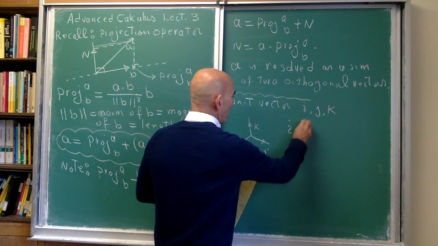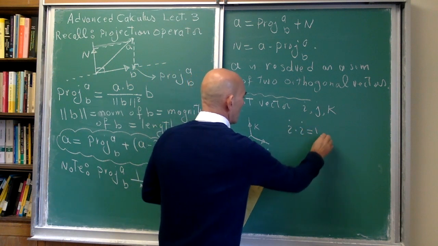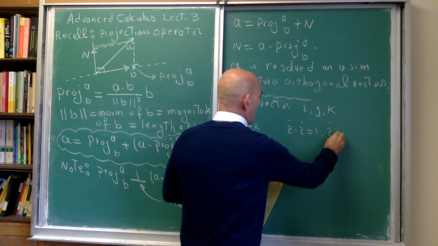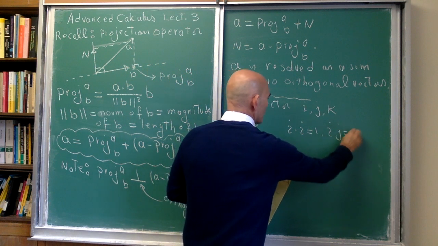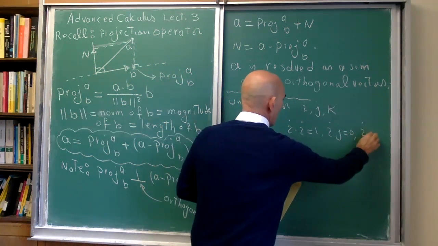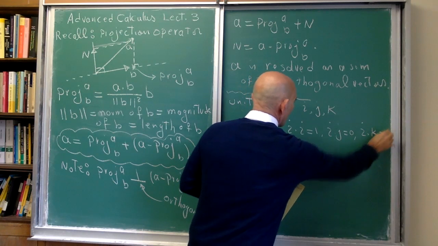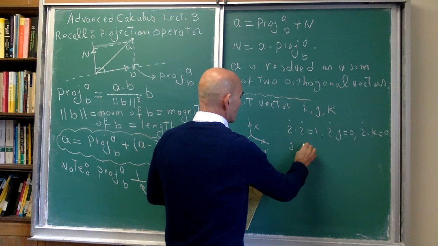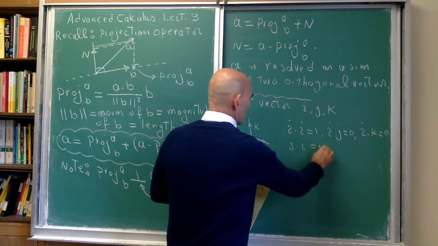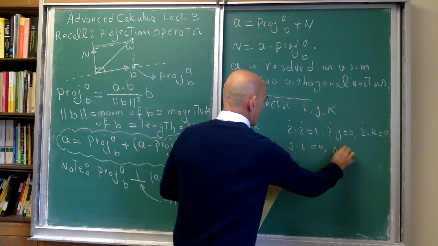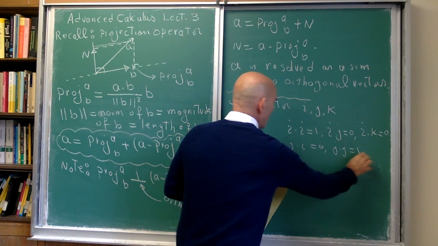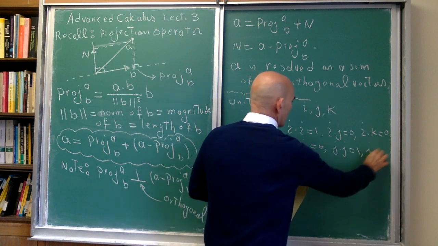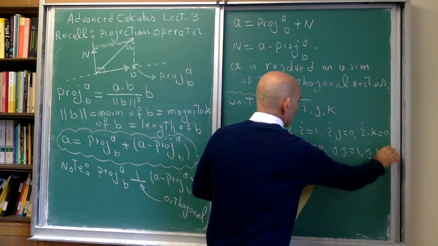i dot i is equal to 1. i dot j is equal to 0. i dot k is equal to 0. And you can also do the same with j. You just say j dot i is equal to 0, j dot j is equal to 1, and j dot k is equal to 0.